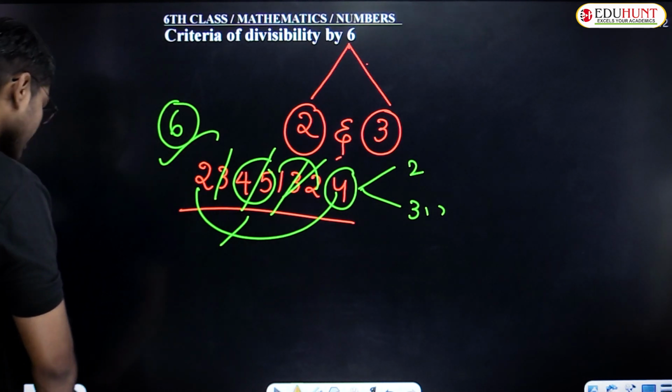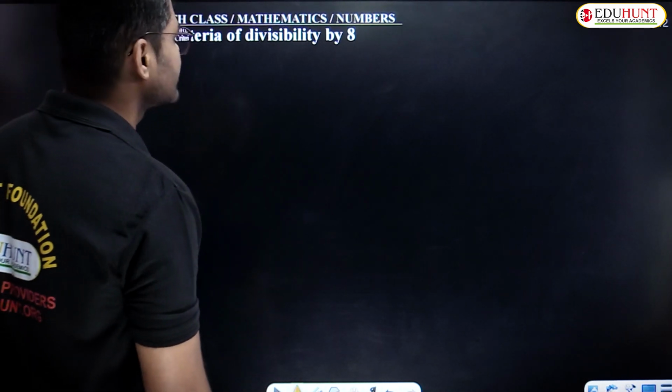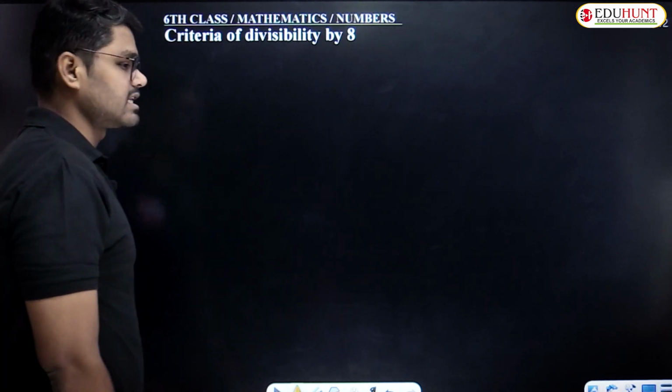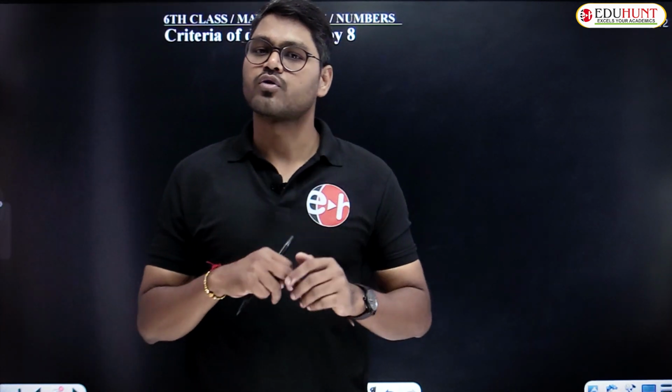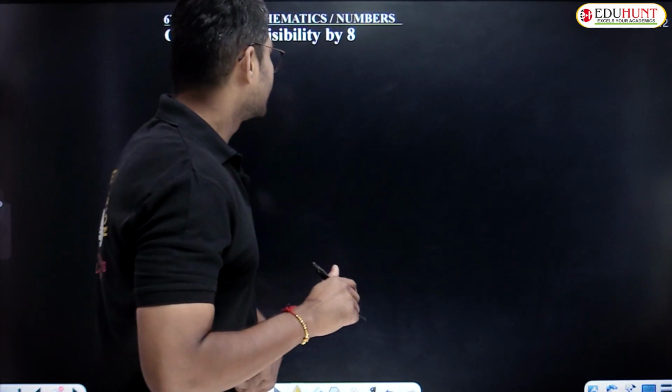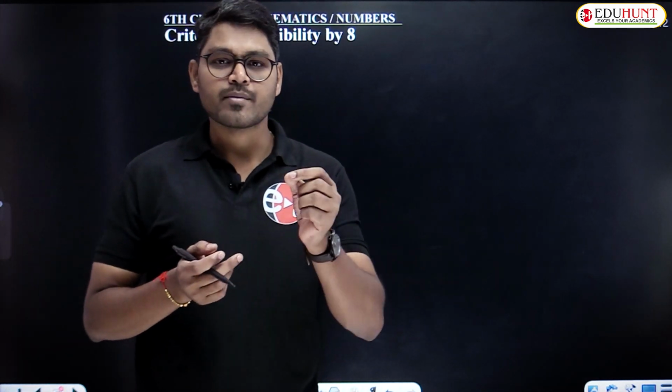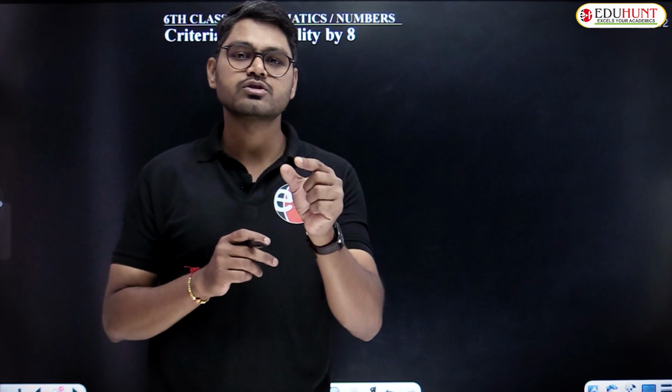Okay, let's move on to the divisibility rule of 8. The divisibility rule of 8 is very similar to that of 4. How? In the divisibility rule of 4, we consider the last 2 digits.